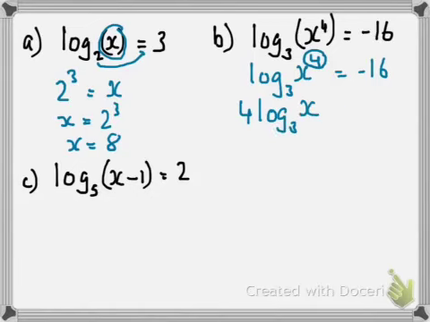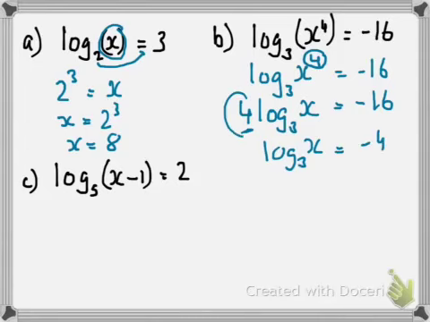There it is, equals negative 16. Once it's out there as a coefficient, I can then divide through the right hand side by 4. So log x to the base 3 becomes negative 4. So I've divided the right hand side by negative 4.